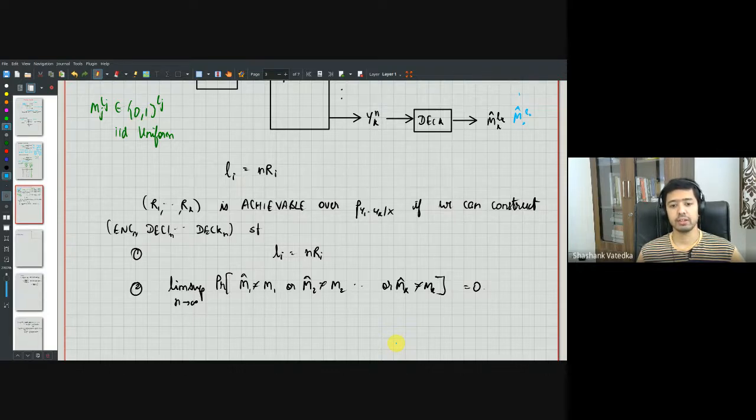In fact, we'll see that for many two-user broadcast channels itself, we don't know what the capacity region is. So unlike the multiple access channel, where we had some way of evaluating the capacity region, for broadcast channels the problems are still open. So if you find the capacity region of a general two-user broadcast channel, that will be a great result.